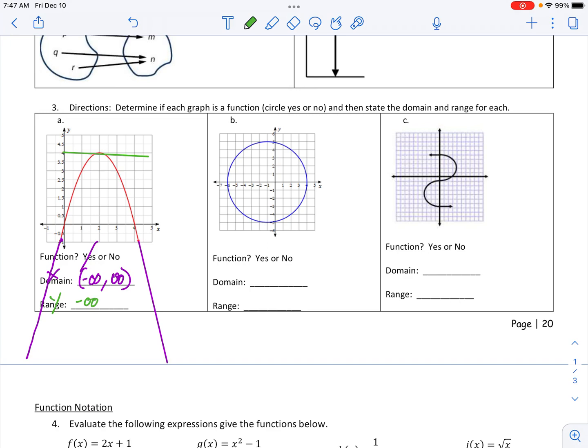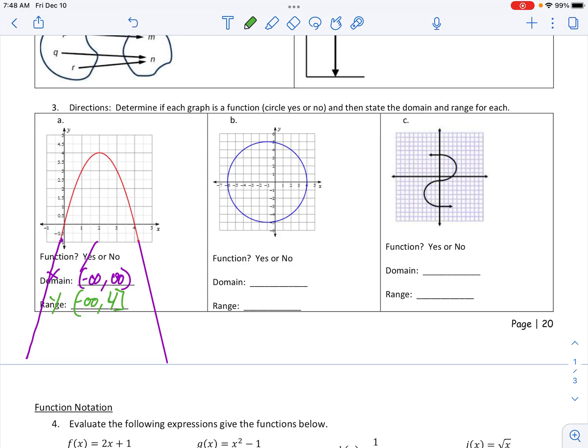So my range is from negative infinity all the way up to a y value of 4. Now I use a bracket at 4 because that graph where I stopped, that ceiling, is all solid right there. And solid means I get myself a bracket. So the y value is not using every number in existence. It only needs to go from negative infinity up to 4.